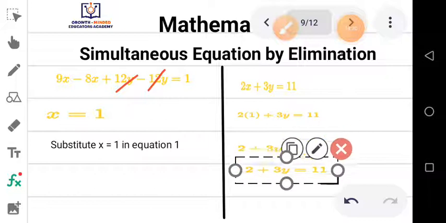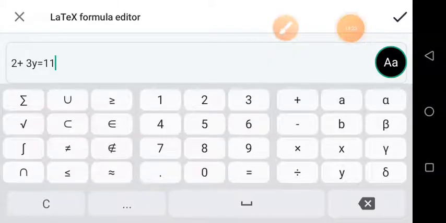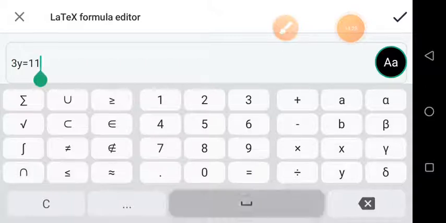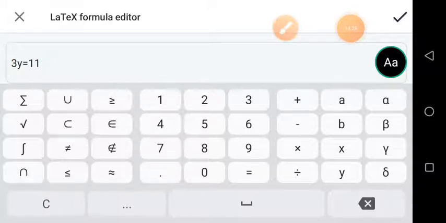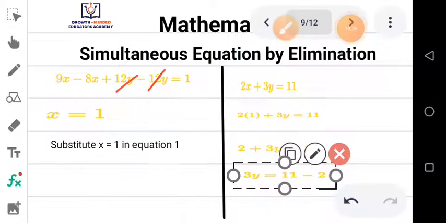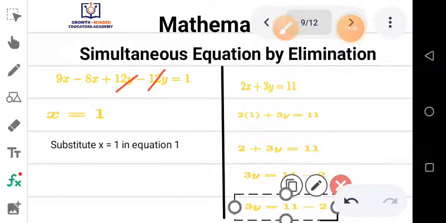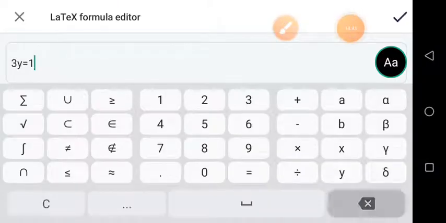Then we collect the like terms to give us 3y equals 11. When 2 goes to the other side, it becomes minus. So we have 11 minus 2, so we simply have 3y equals 9.